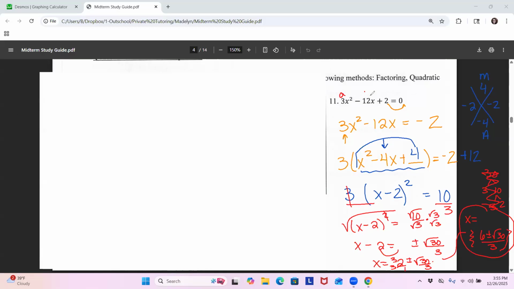This is A, this is B, this is C. Negative B plus or minus big square root b squared minus 4ac all over 2a. Now careful, our b is already negative. So it's really negative 12.